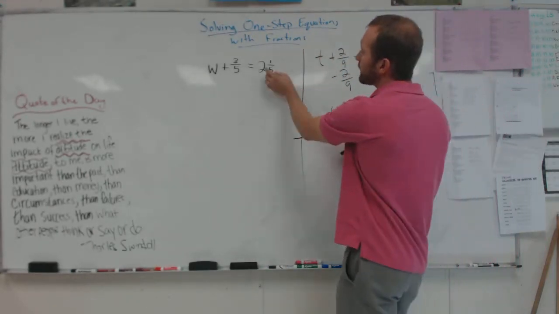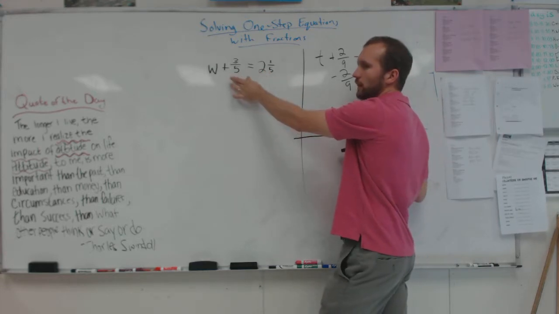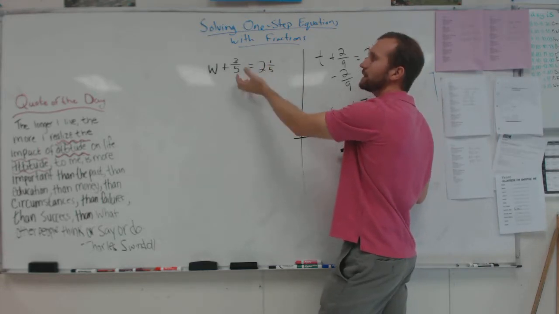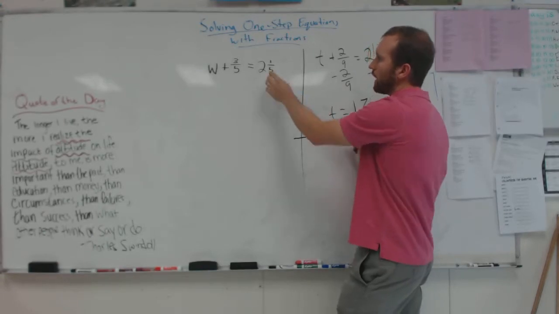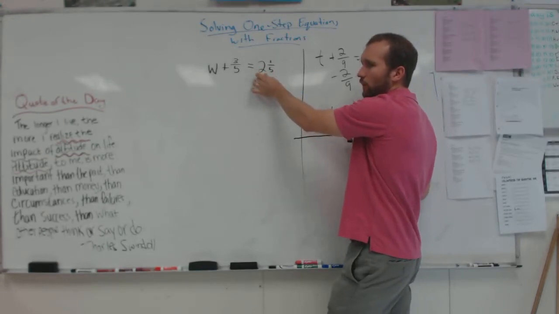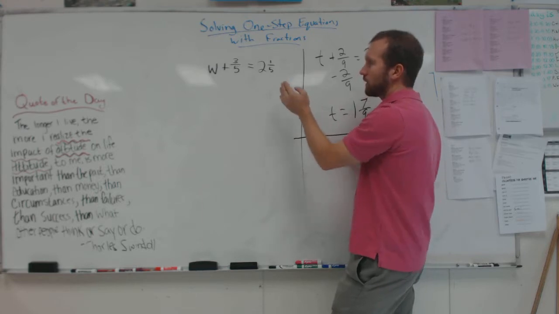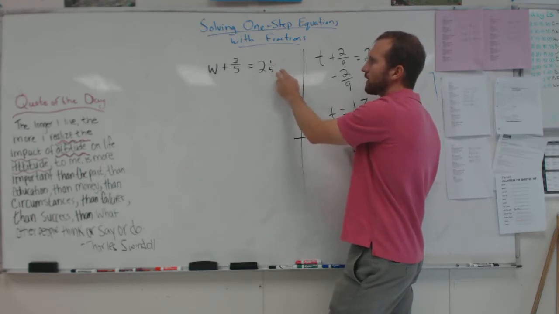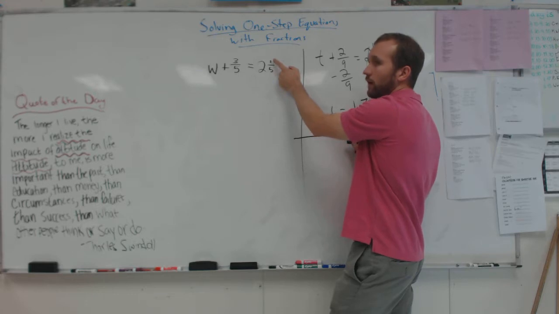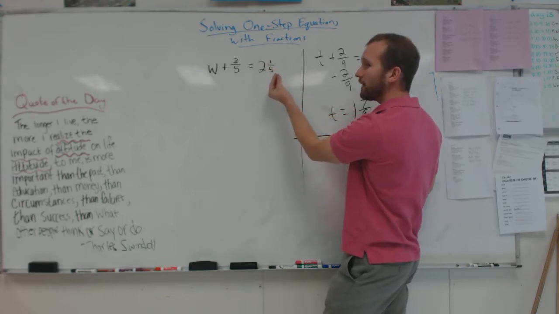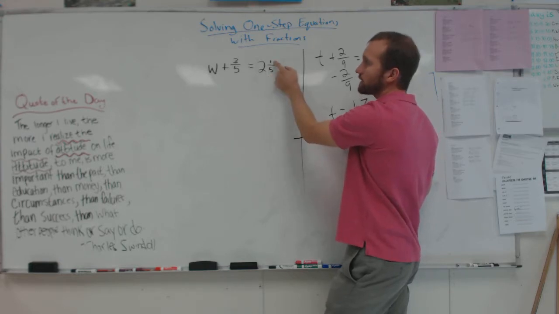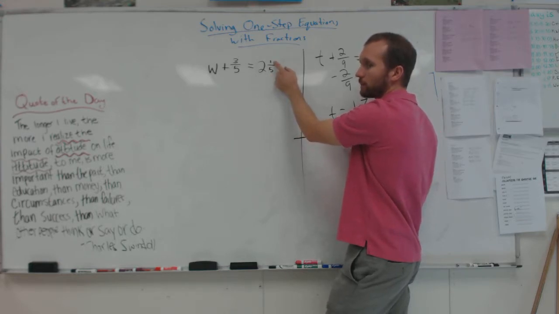I don't have enough fifths to take 3/5 away. I only have 1/5. I can't take 3 away from 1. So I have to borrow. But when I borrow, I'm going to borrow 5/5, the same as my denominator. But look, I already had 1/5. So when I borrow my 5/5, I have to add that to the 1/5 that I already have.